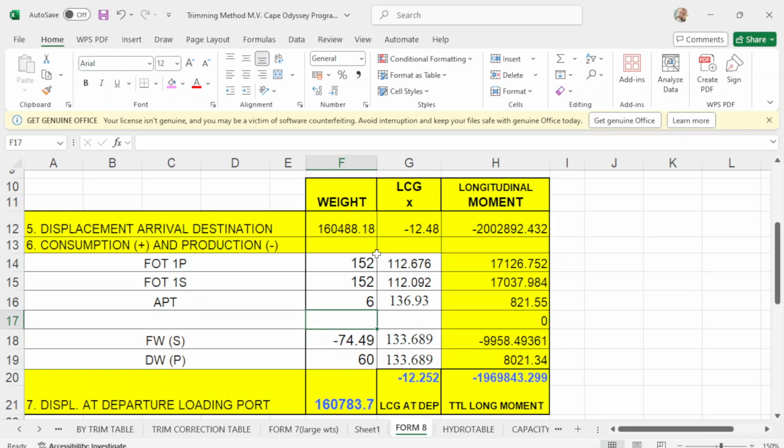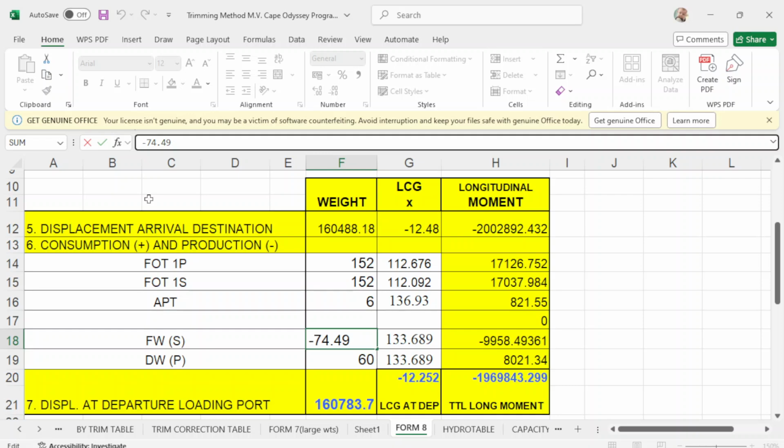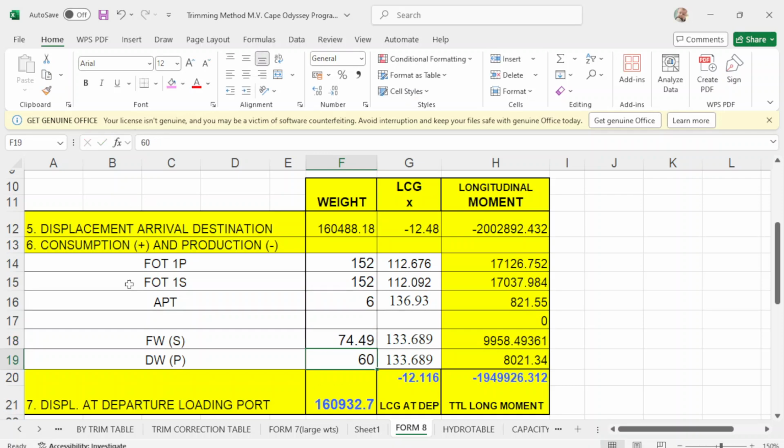You reduce, you have consumption of fuel oil and your fresh water. Fresh water consumption will be positive, because you are going to consume, and this will be negative.